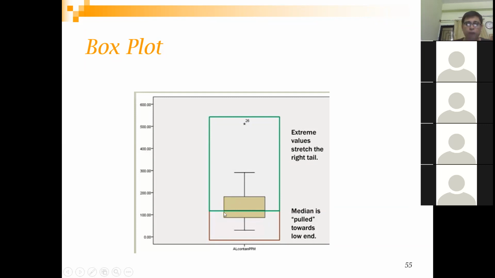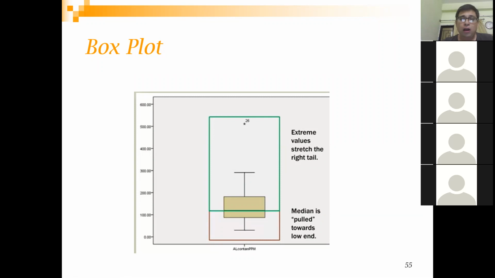If you have the line towards Q1, that means the median is being pulled towards the low end. That means you have more lower values than higher values. That's why the median is coming towards Q1.